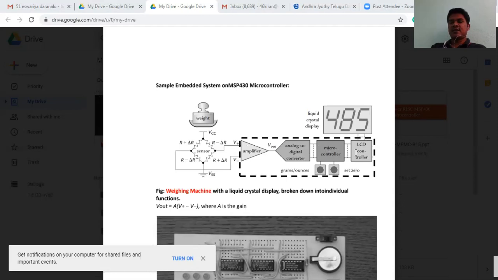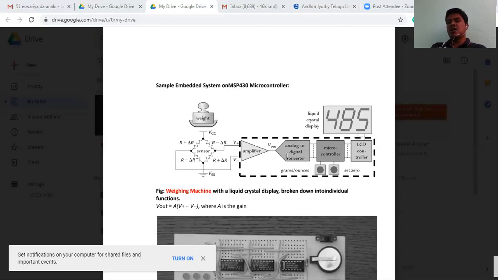Why? Because the MSP430 5x microcontroller accepts differential inputs V plus and V minus, just like an op-amp accepts V plus and V minus. Therefore, the MSP430 microcontroller itself contains the op-amp. As well, it supports ADC, and as well it supports the LCD controller. The LCD controller is supported from the 3x series onwards.